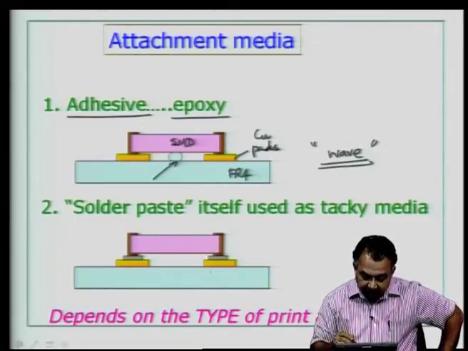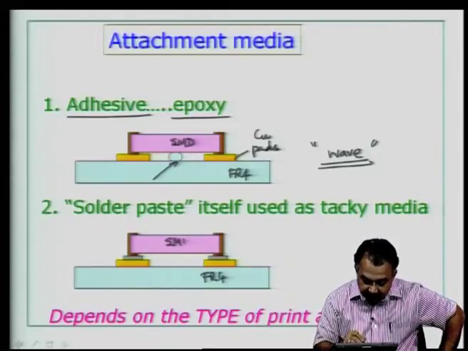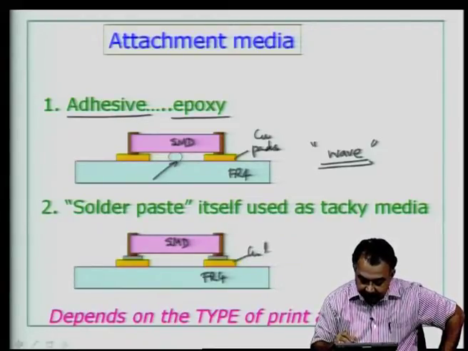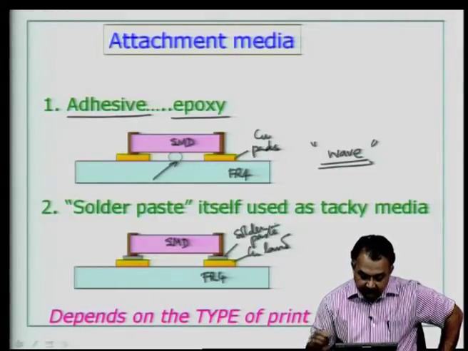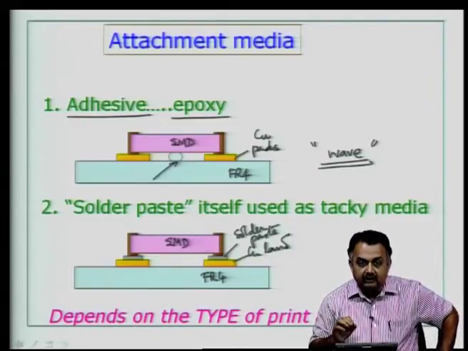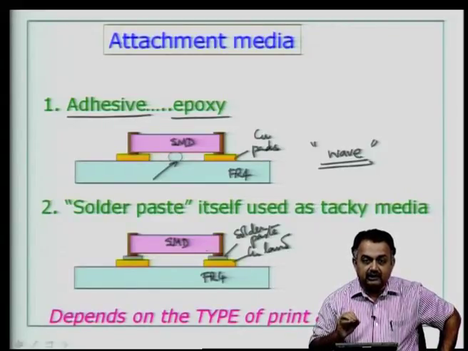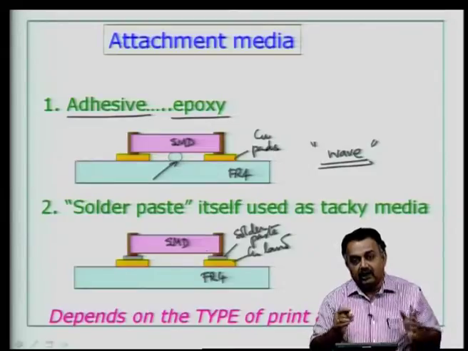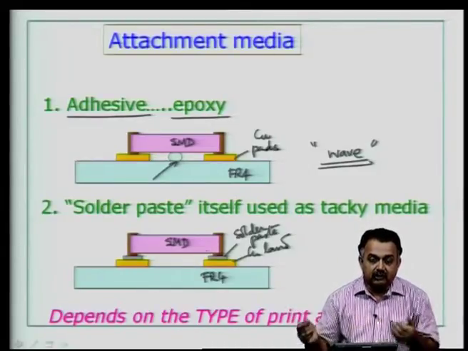If you look at the other figure here, you have the FR4, you have the SMD device, then this is the copper land, and then you can see here a solder paste has been dispensed, on which the surface mount device is now firmly held. It is held because there is some percentage of glue present in the solder paste, because after the pick and place process you have to physically move the board to a reflow equipment.